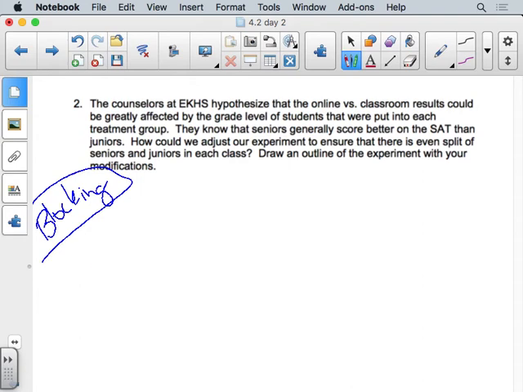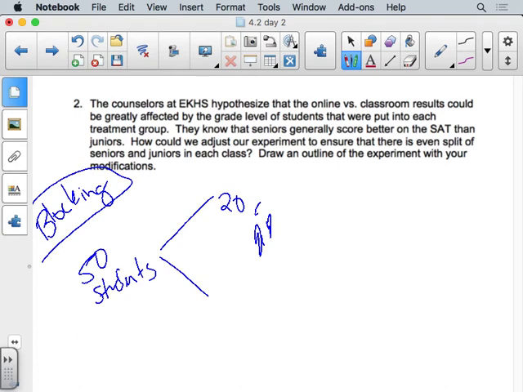So it's different. I take my 50 students. I always start here at the beginning. And then I'm going to split them, not randomly, but into 20 seniors and 30 juniors.